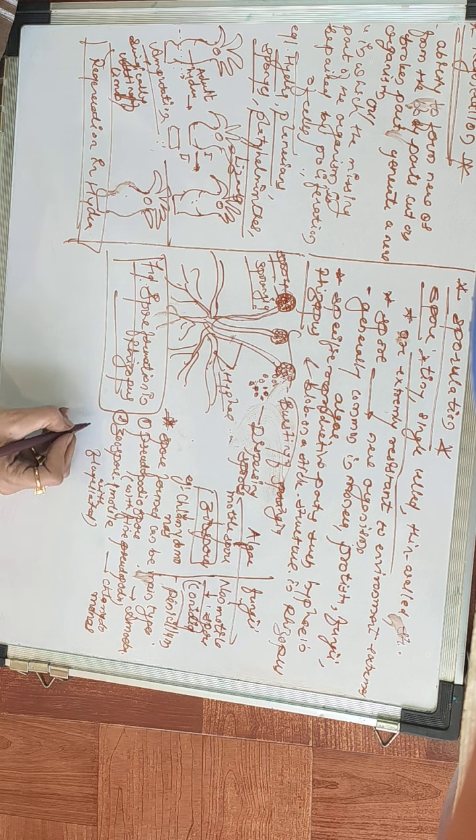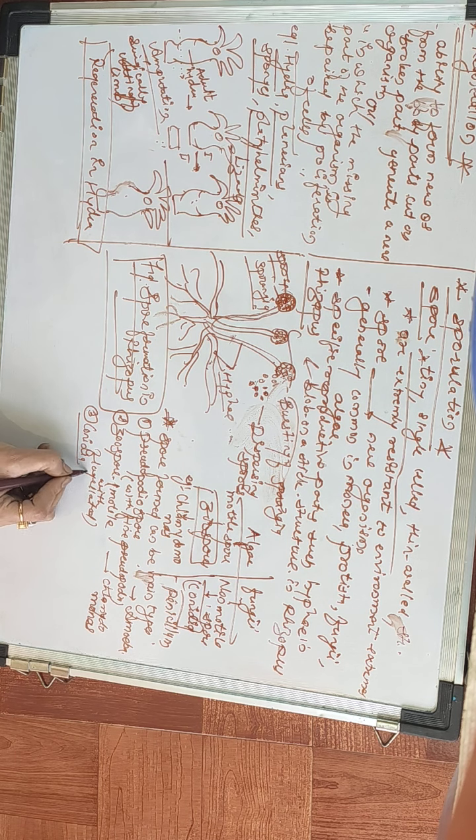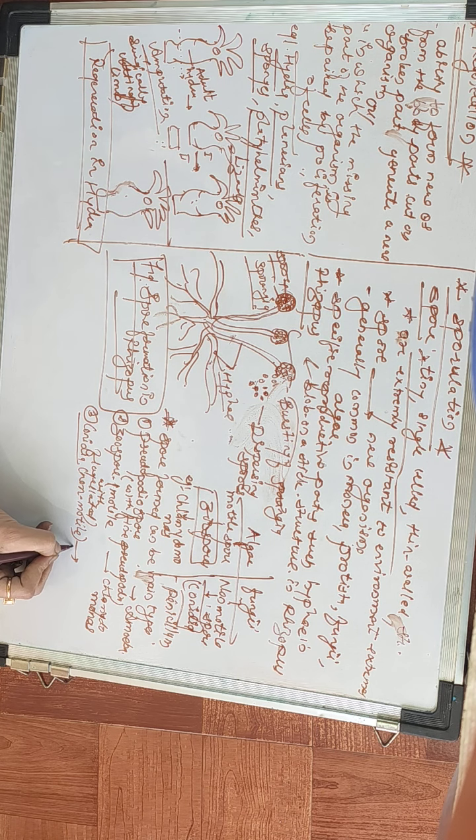Third is called conidia, that we already discussed. Conidia are also non-motile spores, and these non-motile spores are produced by Penicillium.